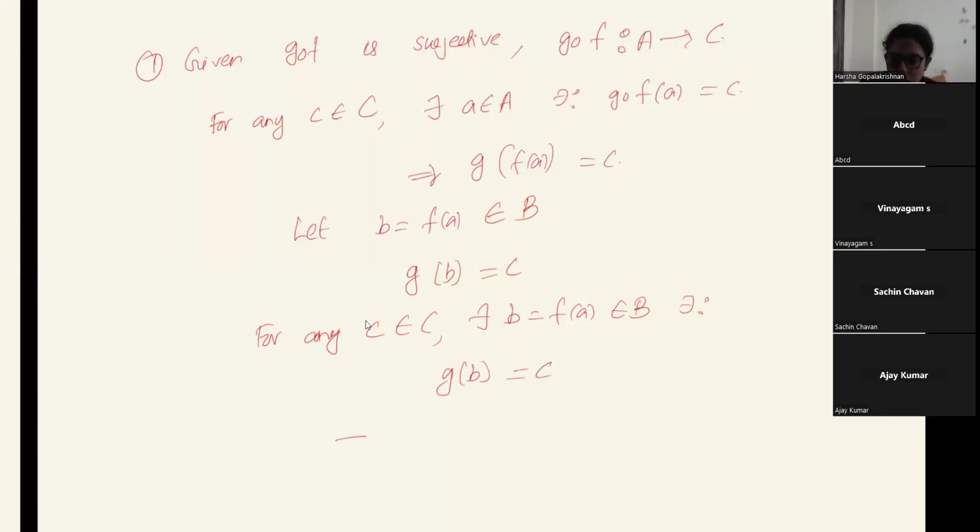That means for any C in C, we know that G is a map from B to C, and there exists a B in B such that G of B equals C.